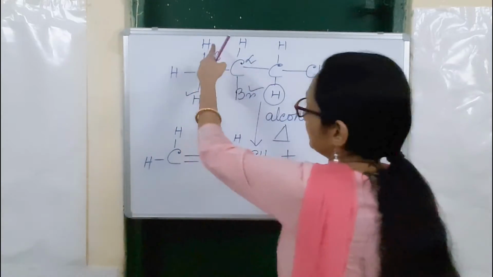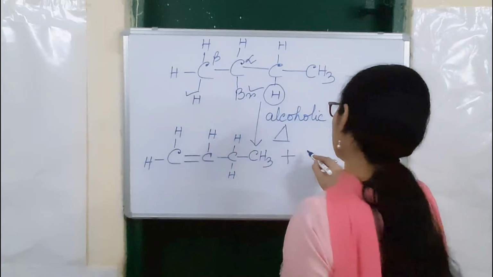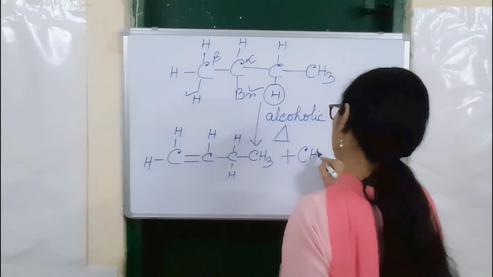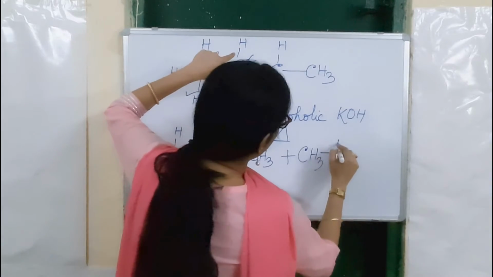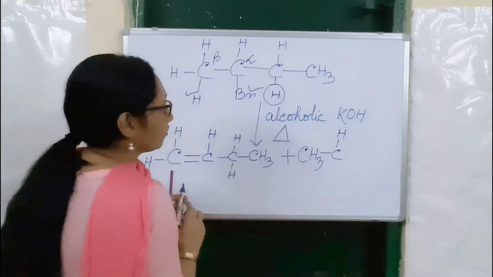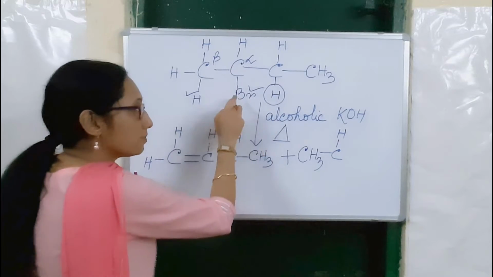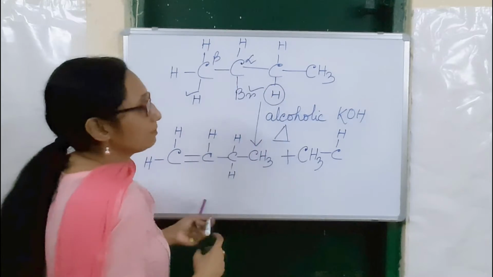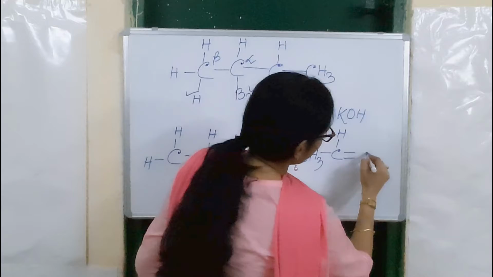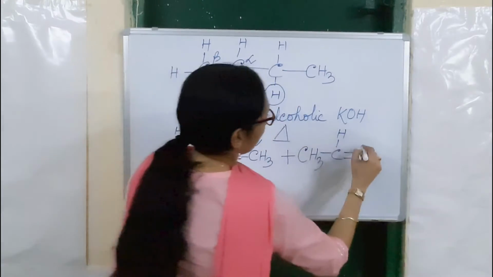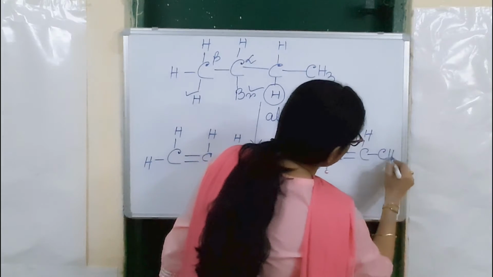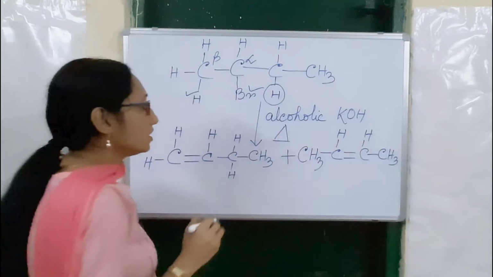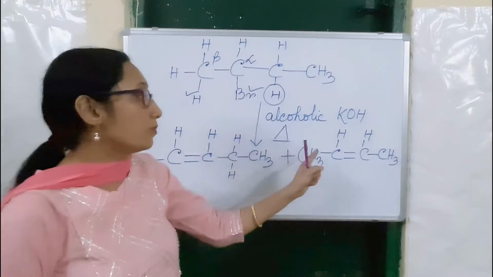In that case, this CH3 is intact. So I will write CH3. After this carbon, H. Since we are removing this H and this Br, a double bond will be formed here. This H will remain and here we will get CH3. So we are getting two products.